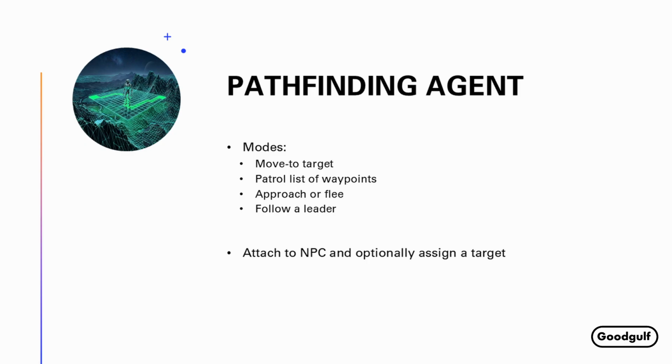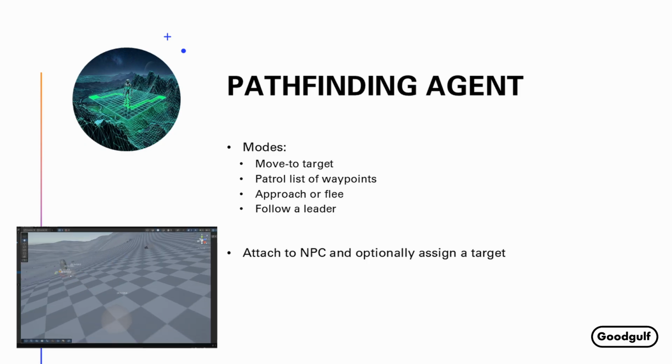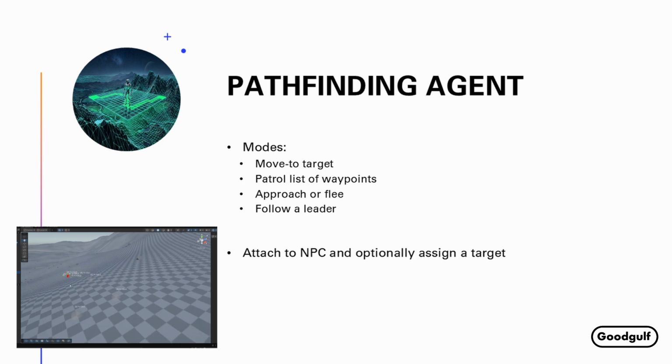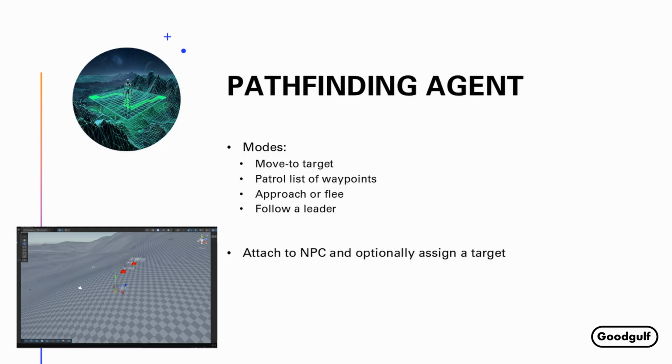The pathfinding component handles 4 behavior modes: move to a target, patrol a list of waypoints, approach or flee from the player using line-of-sight raycasting, and follow a designated leader with a flock offset.